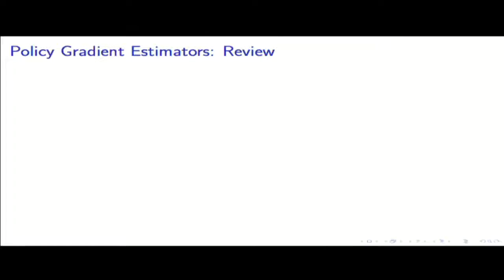But before I go into the details of how to use this idea in reinforcement learning, I want to talk more generally about estimating gradients of expectations and why it's possible that there are two different ways of estimating these gradients.